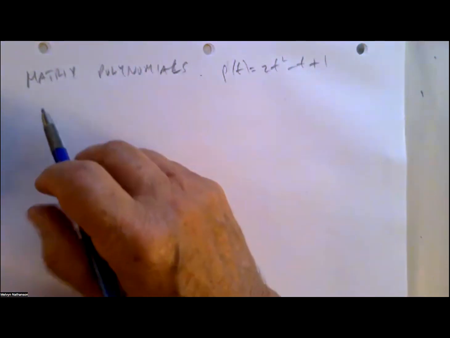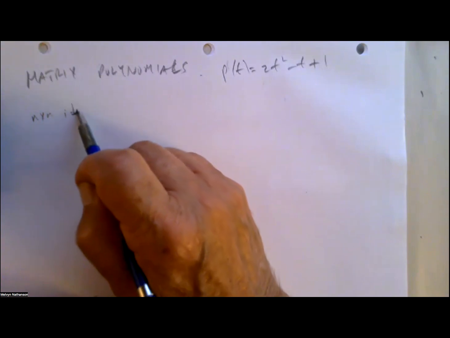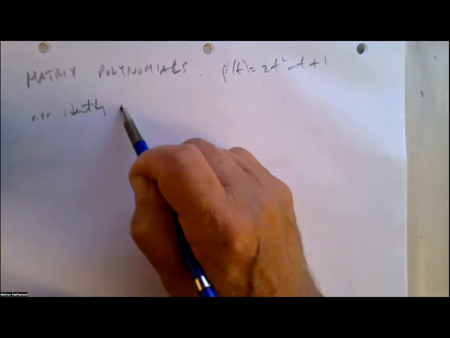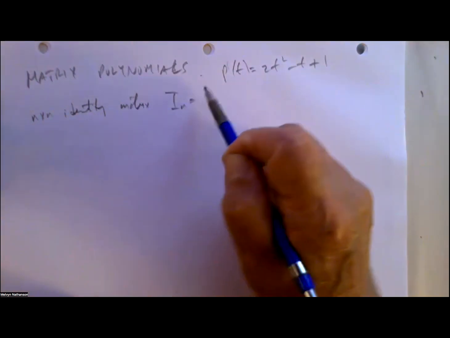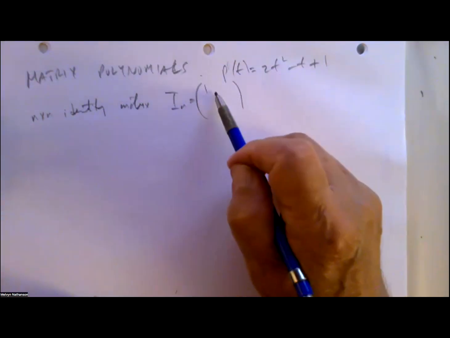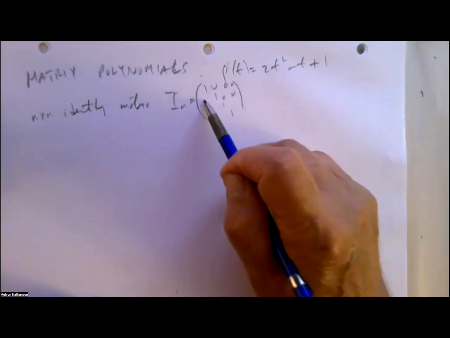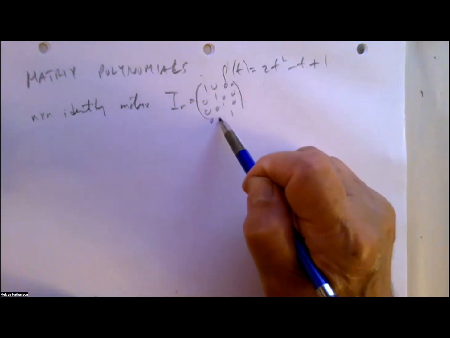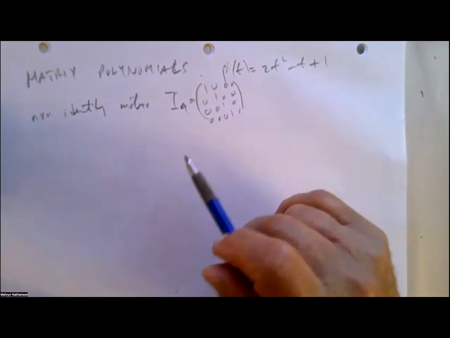I should say that the n by n identity matrix I sub n is an n by n matrix with ones down the main diagonal and zeros everywhere else. This is the 4 by 4 identity matrix.